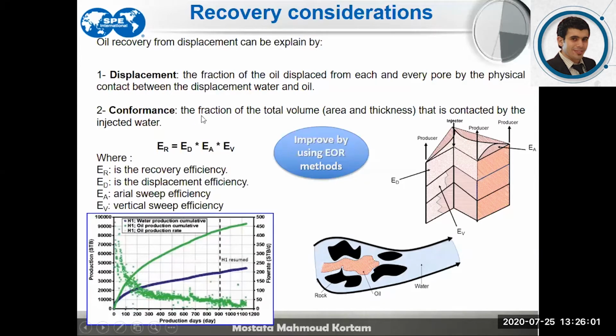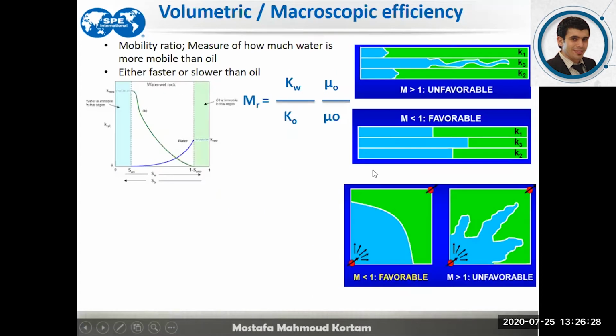Leaving some oil within the pore space is one of the problems that would result from inadequate displacement efficiency, and leaving some bypassed oil is also one of the things that would result from inadequate volumetric efficiency. So residual oil is a signature of the displacement, and bypassed oil is a signature for volumetric efficiency.